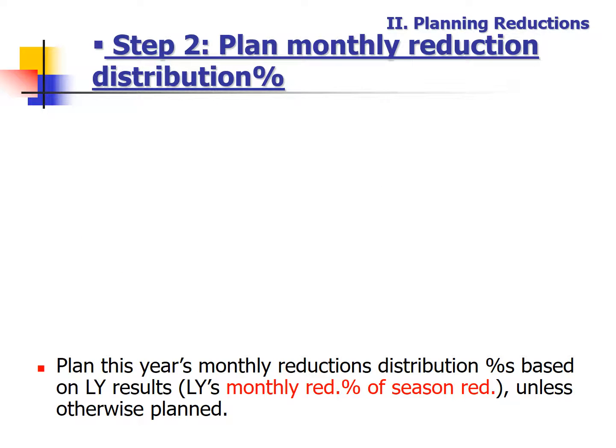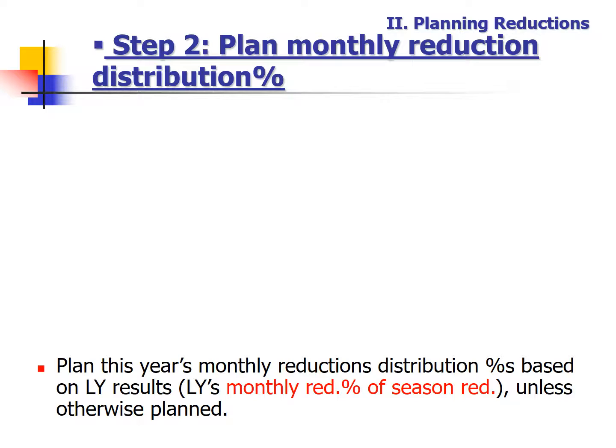All right, then step 2 of reductions planning is to plan the monthly reduction distribution percent, just like what we did for sales, right? Again, we are going to plan this year's monthly reductions distribution percent based on last year's result, which is a typical case. Now you look at what happened last year.